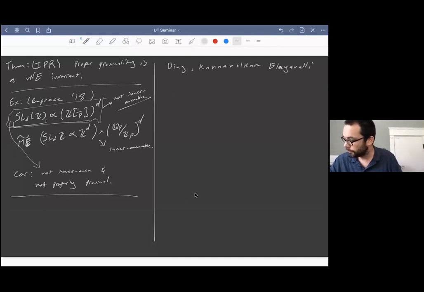These are two students of mine, and we are able to define proper proximality for von Neumann algebras.